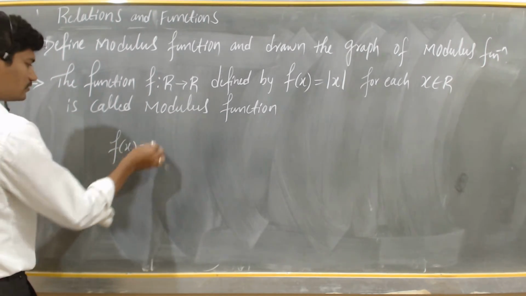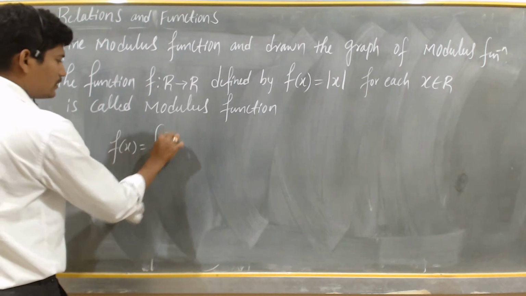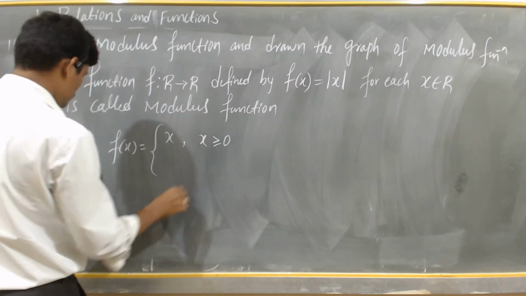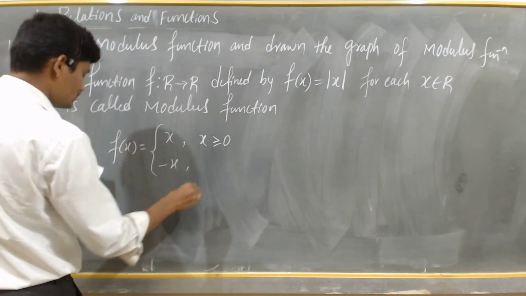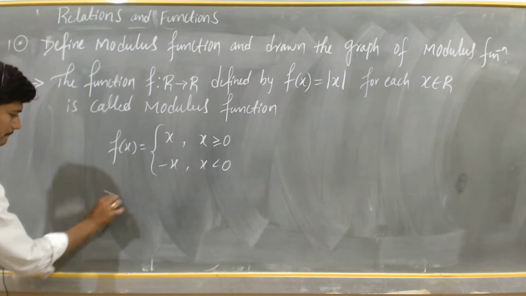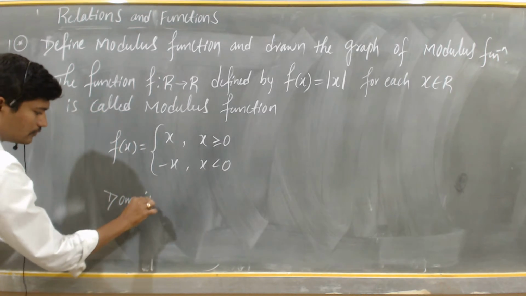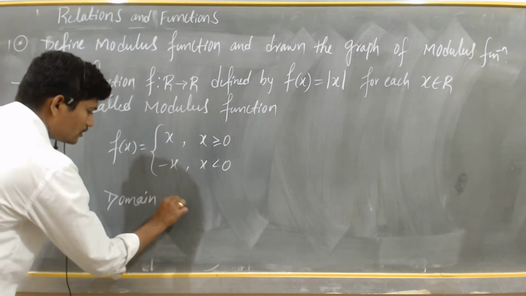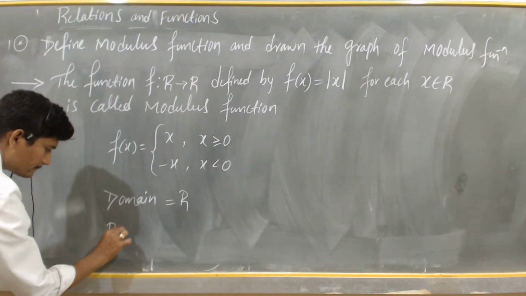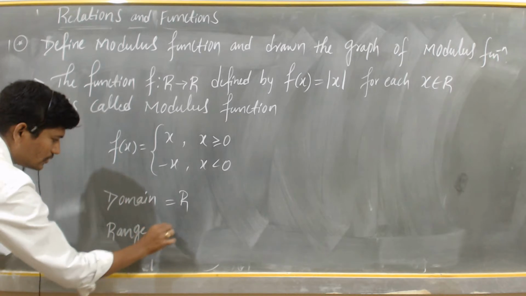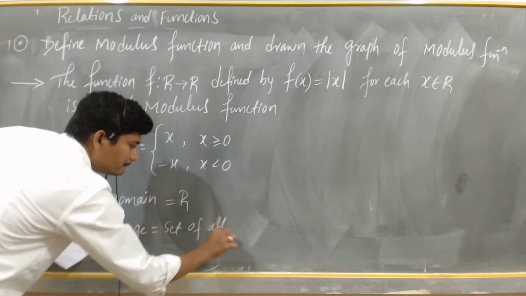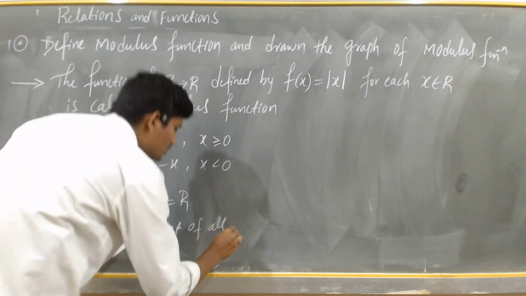f of x equal to x, such that x is greater than or equal to 0, minus x, such that x is less than 0. Here the domain of f is equal to capital R, meaning real numbers, and the range is the set of all non-negative real numbers.